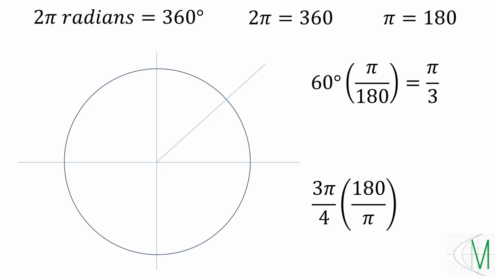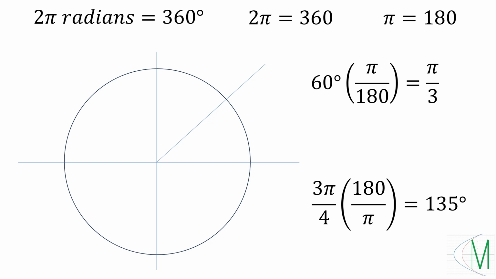Look, there's a pi on top and a pi on bottom, they're going to cancel. So you just have 3/4 times 180. Make the math easy on you. Once you multiply that out, you find the degree measure is 135 degrees. So 3 pi over 4 is the same as 135 degrees.